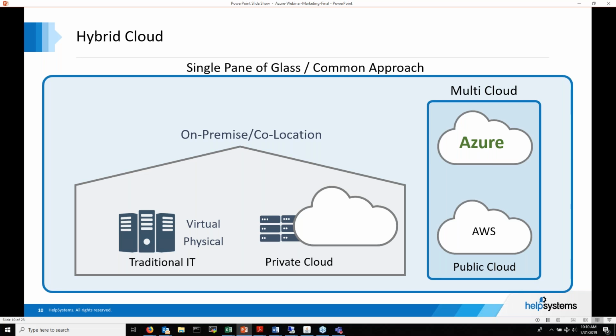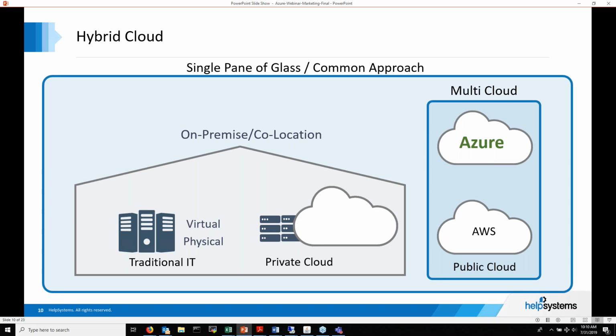You're all probably more than likely using some type of virtualization, be it VMware or Microsoft Hyper-V or a Xen hypervisor, and need to continue to manage the services and applications that run in those environments, along with private cloud. If you're using OpenStack, OpenShift, some of the technologies there that allow you to start to provide these self-service portals or cloud portals within your own organization, either on premise or co-located.